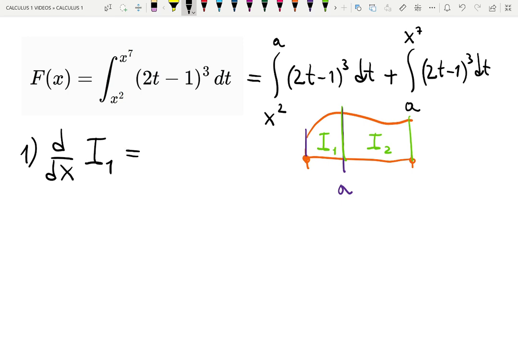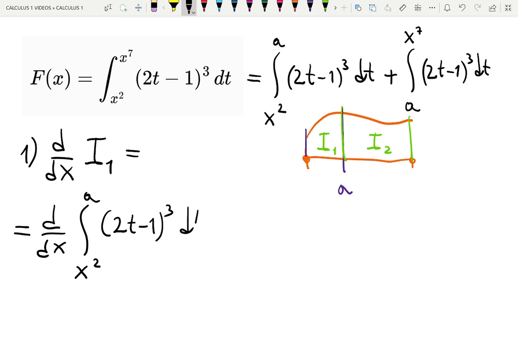So I'm differentiating an integral from x squared to a, (2t minus 1) cubed dt. This is the case when I need to flip the integral. By flipping, I mean I will write it as the integral from a to x squared.